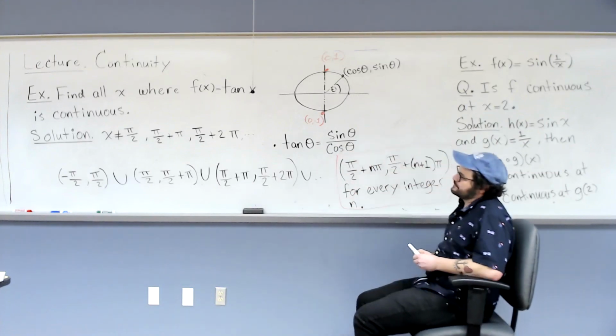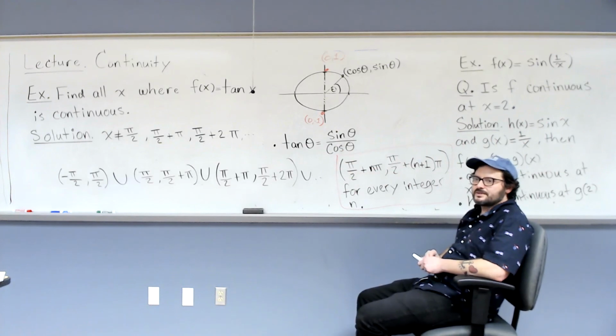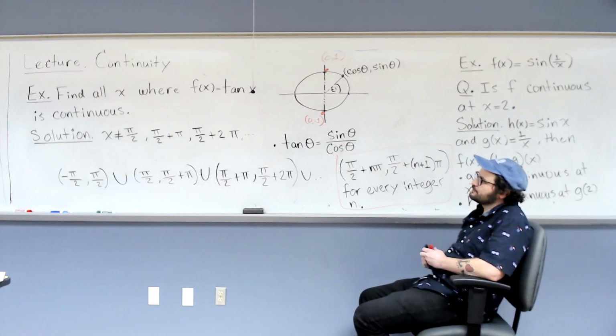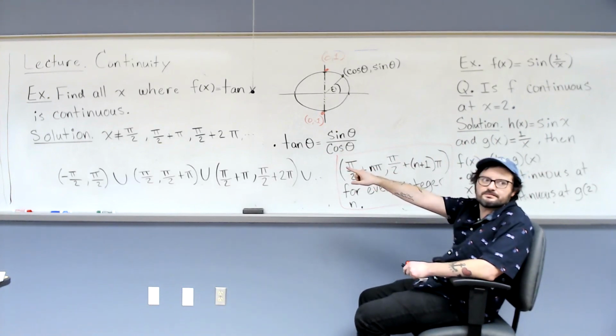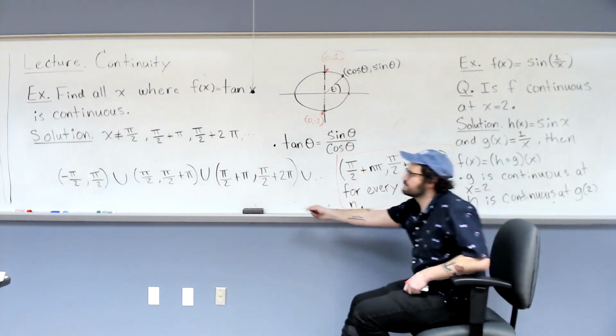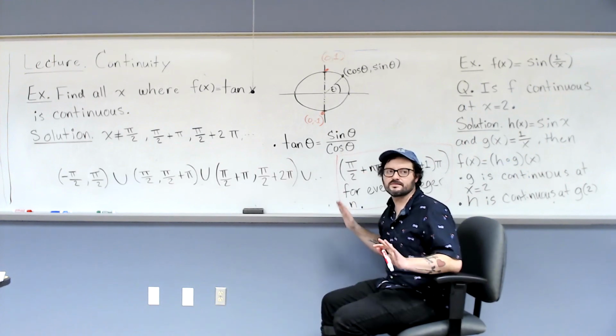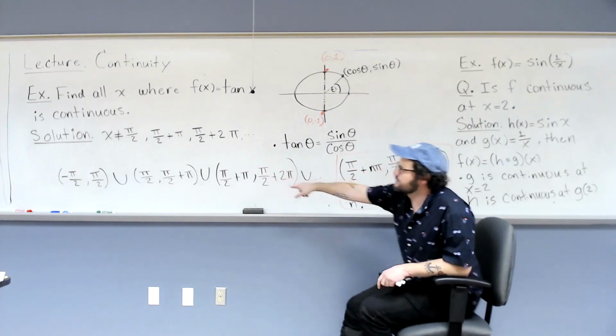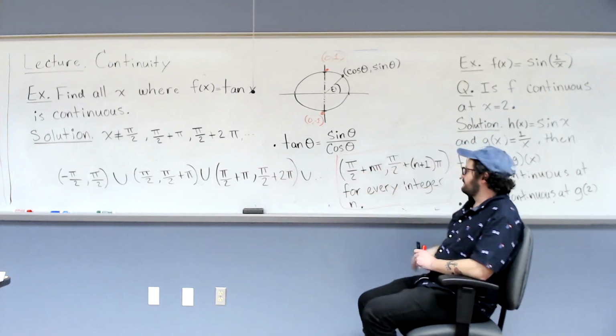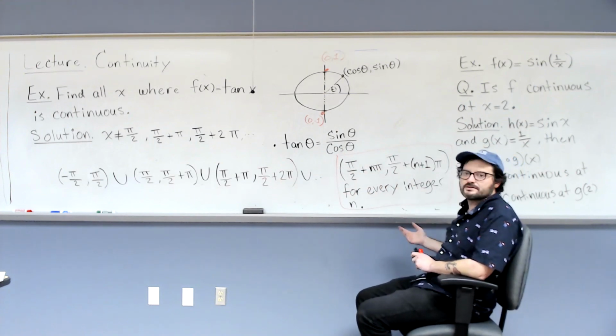Is that where the function tangent is continuous? Well, hopefully you understood where x couldn't be, right? So basically what we're doing is we're excluding all those possible x's by not including them in these intervals. That's the start, right? And then I started to notice a pattern, and I tried to write it this way. Now, does this make sense?